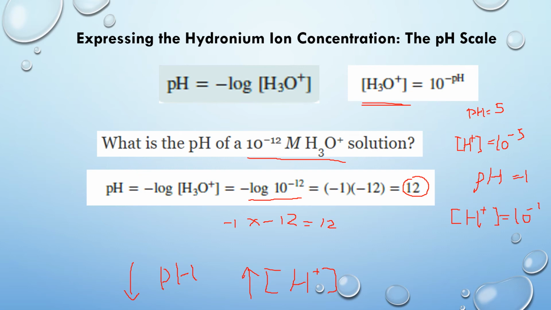So let me write that down. For an acidic solution, the pH is less than 7, because the proton concentration is greater than the hydroxide concentration.